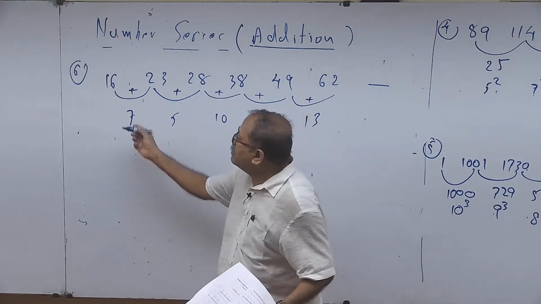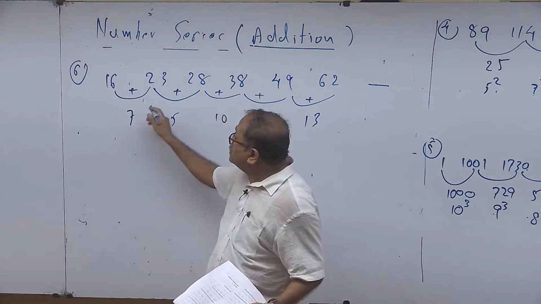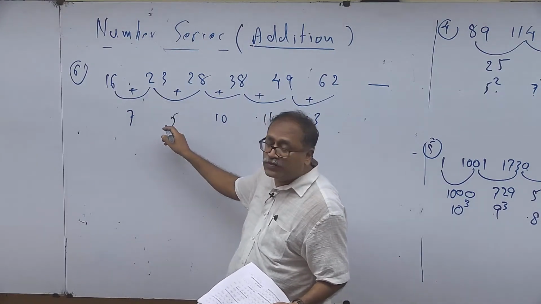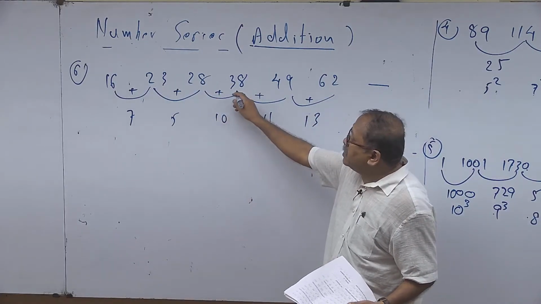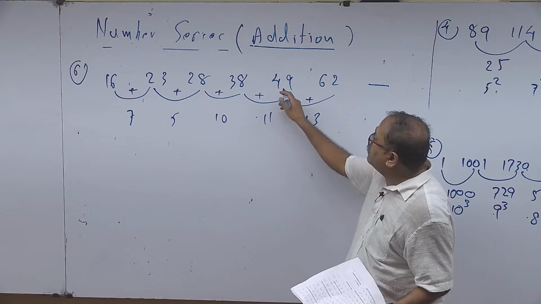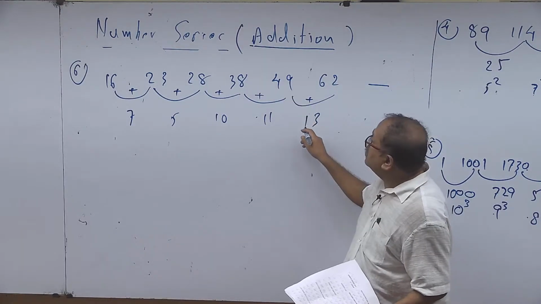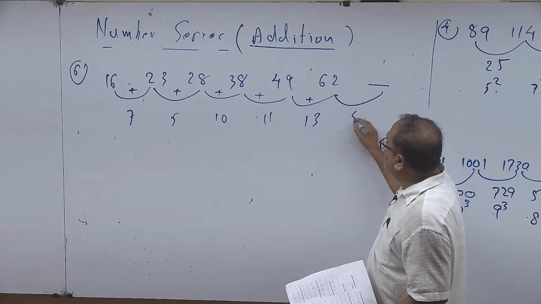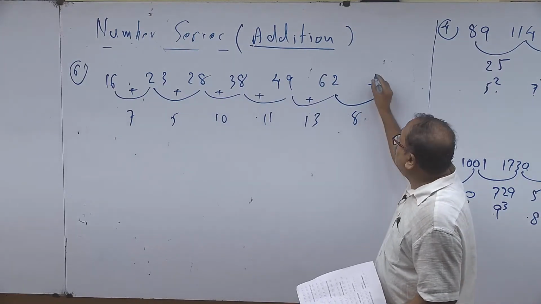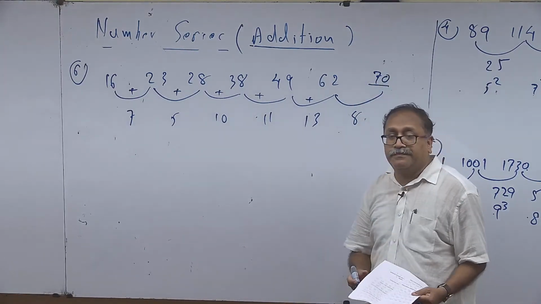So here 1 plus 6 is 7. So 16 plus 7 you got 23, and 2 plus 3 is 5. So 5 is added, 2 plus 8 is 10, 10 is added here, and 3 plus 8 is 11, 11 is added, 4 plus 9 is 13, 13 is added, and 6 plus 2 is 8. So with that logic I should add 8 over here in order to get the next number, which is 70.